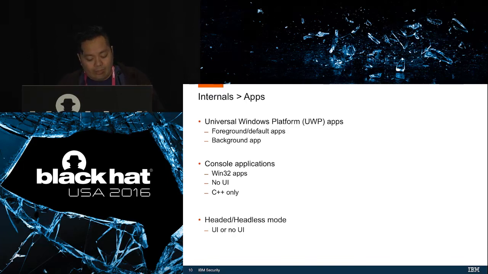In headed mode, the default app displays a UI, which is fully interactive, and you can use it to control the device. For devices that don't require any user interaction, the headless mode is more appropriate. In headless mode, there is no UI. So if you want to use a device as, for example, a server, you should use the headless mode instead.